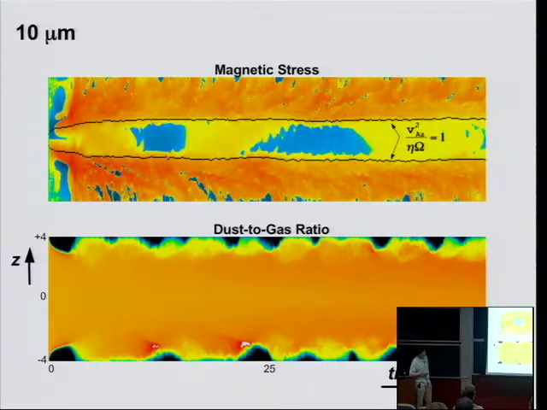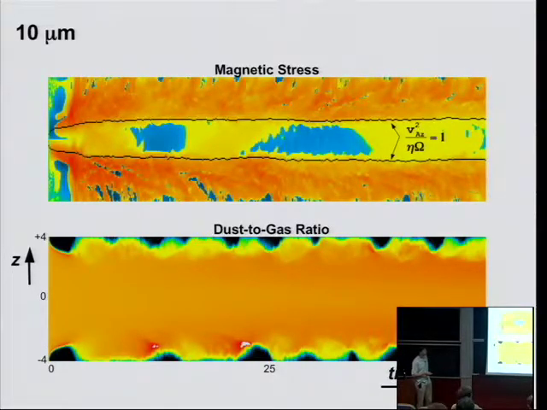And you can see, here's the dust to gas mass ratio. White is a little bigger than 1%, that's where it's been concentrated slightly, and black is totally depleted of dust. And the thing to notice is that after turbulence sets in, there's intermittent settling and stirring in the surface layers. So if we were looking at the disk surface here, we'd see dust being lifted up and dropping back repeatedly.